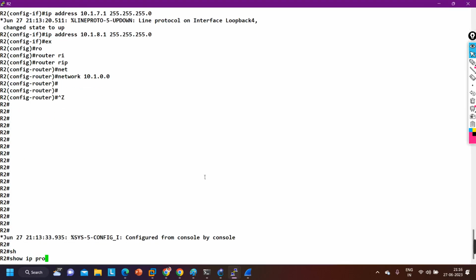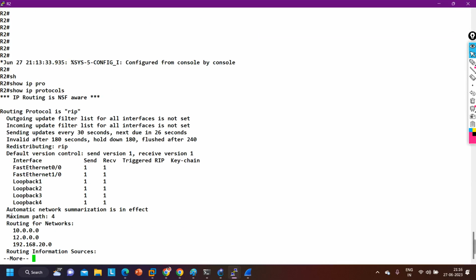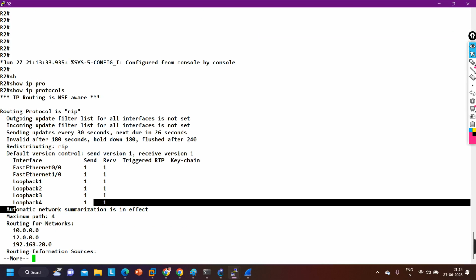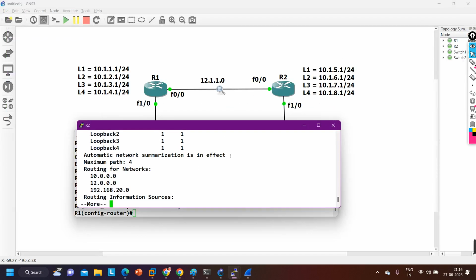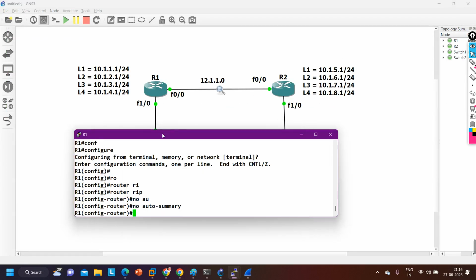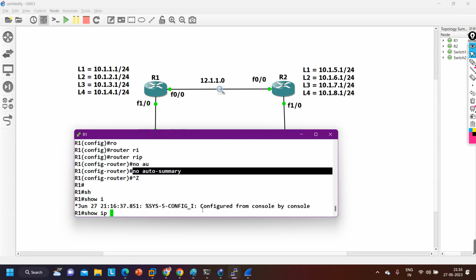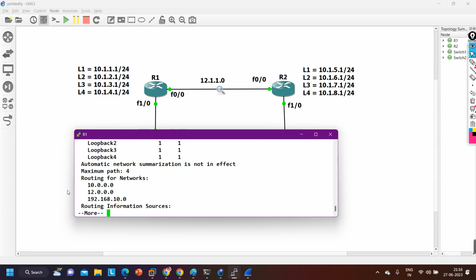Show ip protocol, here you can see automatic network summarization is in effect. So automatic summarization means it is performing summarization automatically. And here I have run the command no auto-summary, and show ip protocol. Still you can see it.